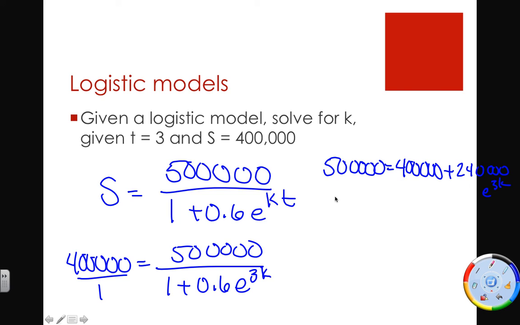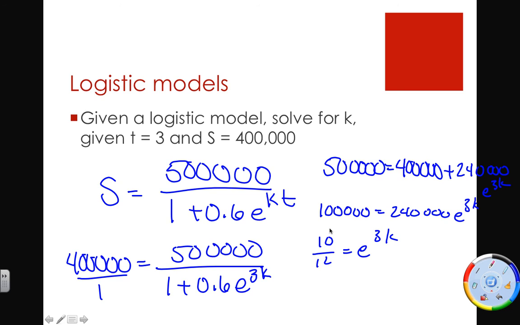So I'm going to subtract 400,000, so I get 100,000. I'm going to divide by 240,000. And I'm going to get what ends up being, I guess, 10 over 12 equals e to the 3k.